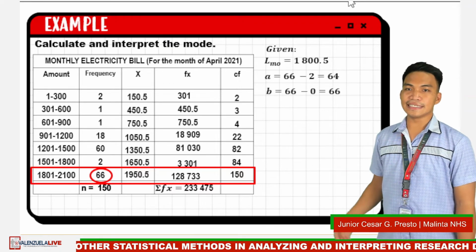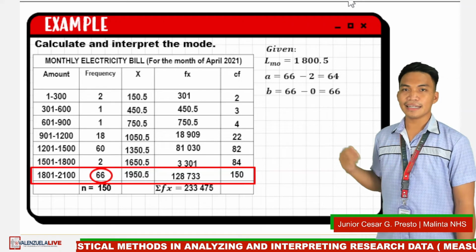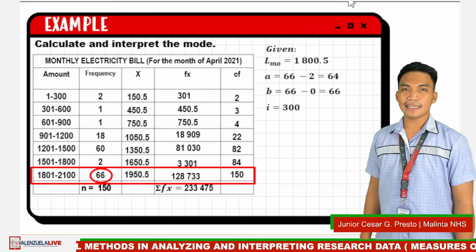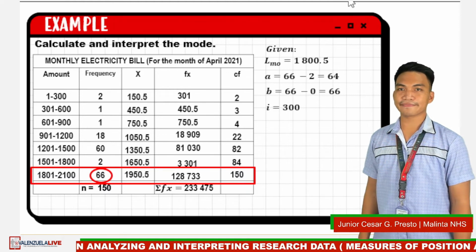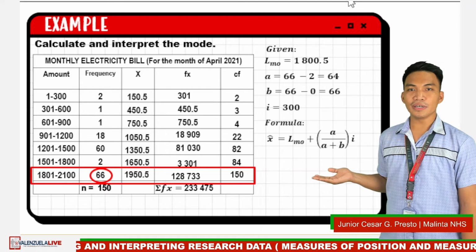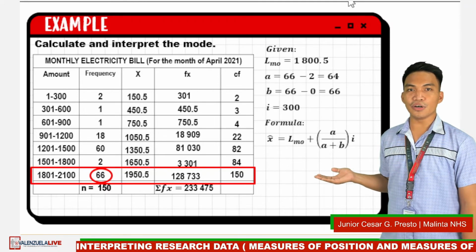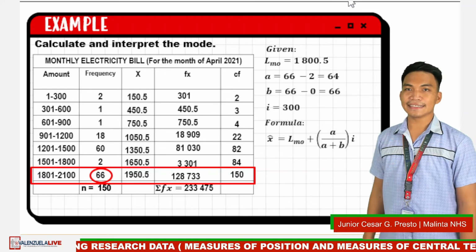So, 66 minus 0 equals 66. Lastly, I is 300. Continuously, we write the formula. X hat equals L sub MO plus the quantity of A over A plus B times I.